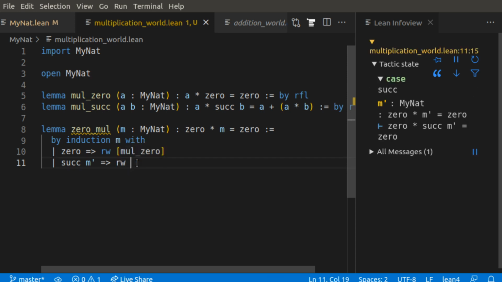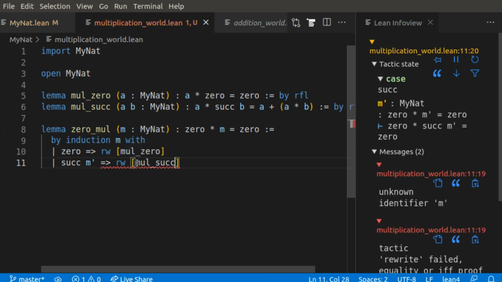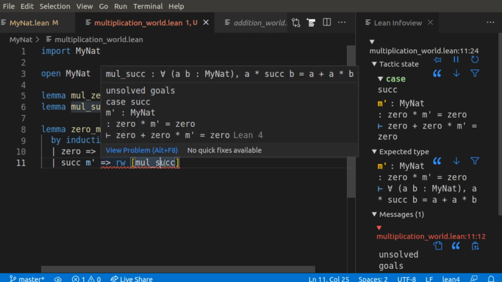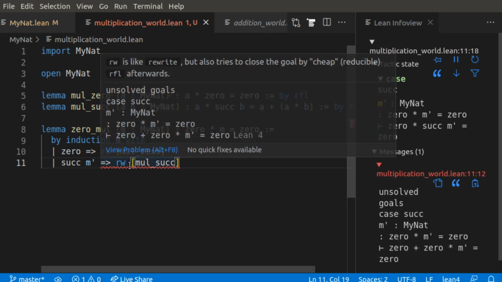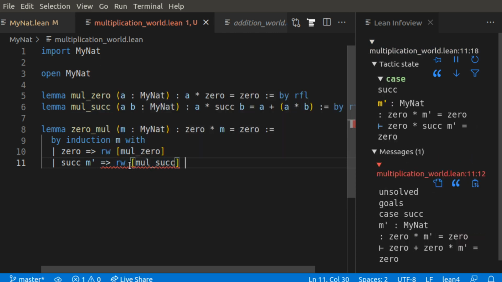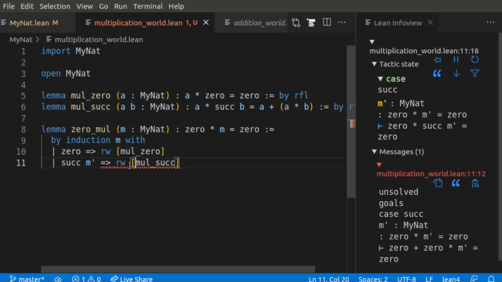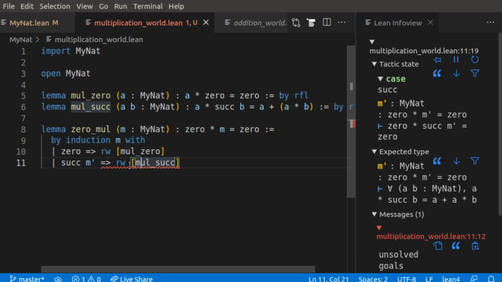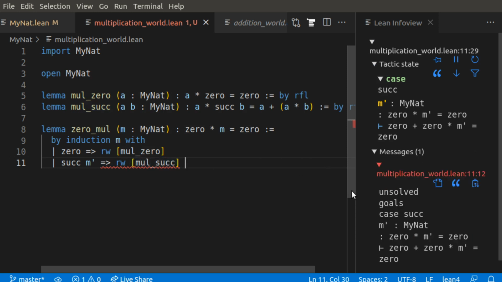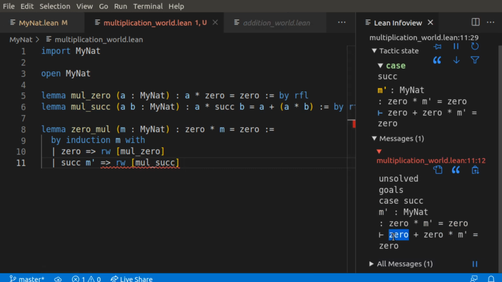What happens when we apply mul successor? So now we have 0 plus 0 times m prime.